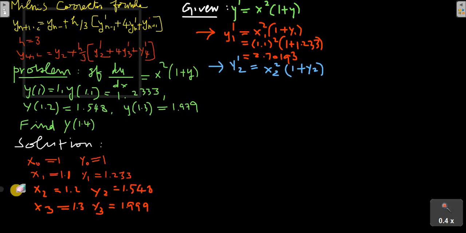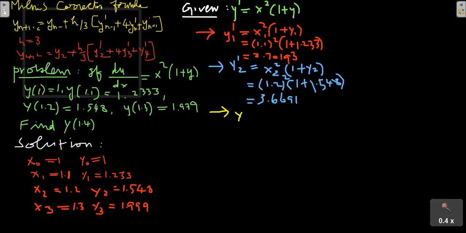So we get 1.2 the whole square into 1 plus 1.548. Now if you simplify, the final answer would be 3.6691.